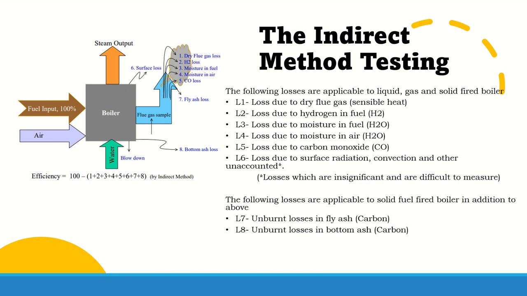The remaining losses particular to solid fuel fired boilers are unburned losses in fly ash and unburned losses in bottom ash. The high density ash is separated in the bottom, and low density ash escapes with the flue gases. That is called fly ash, and the other is called bottom ash. Both contain carbon.